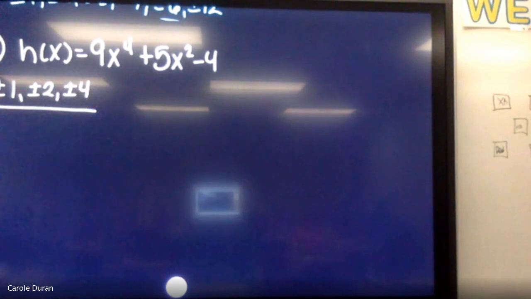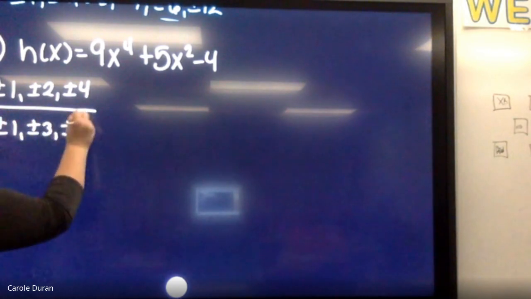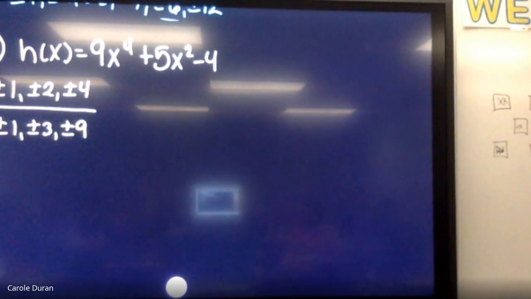And then what are my factors of 9? 9, 3, 1. Xavier, what do I do with those factors of 4 on the top? What do I do with all of these? Divided by all of the bottom ones.